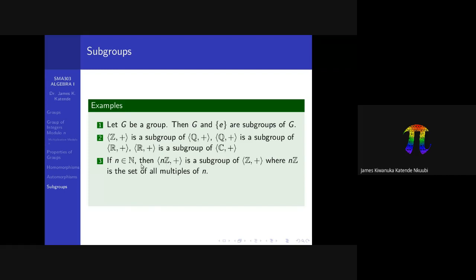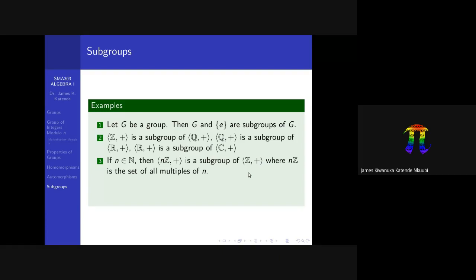This means you can generate an infinite number of subgroups for Z, because any positive integer that you pick here will generate a subgroup. For instance, all multiples of 2 form a subgroup. All multiples of 3, and so on, is also a subgroup. The multiples of any integer will form a subgroup of Z under addition.